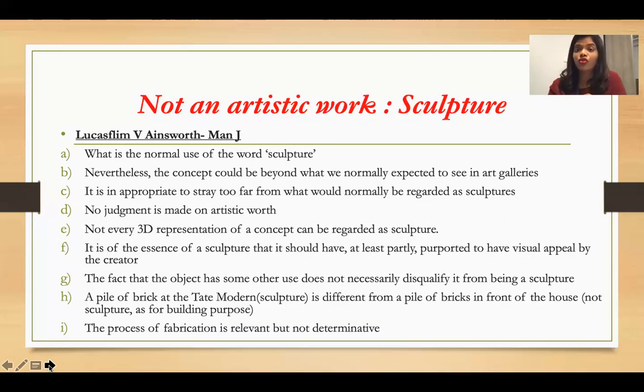If the courts don't find any reasons for you having this vase, they will say it doesn't make sense. The vase cannot store water, cannot hold fruits or flowers inside. The courts will hold that this is not under sculpture.